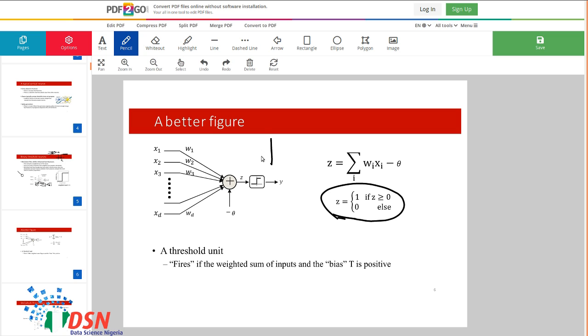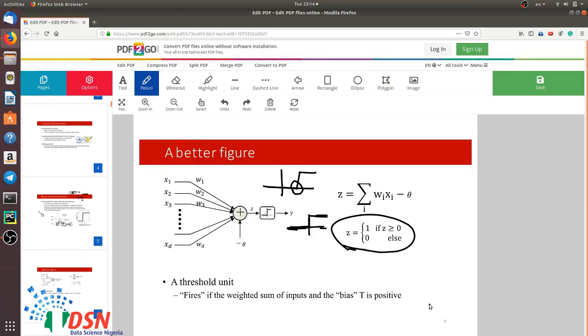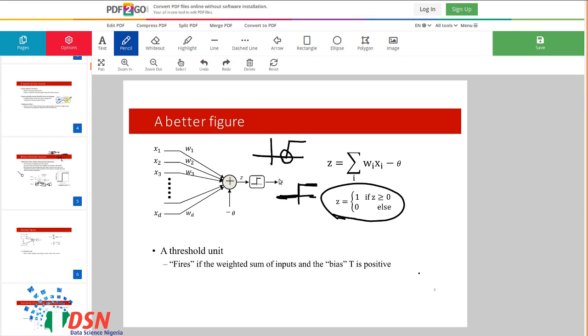Maybe you ask why it is not another value, why is it a 0 threshold. The reason is that this bias could change the way this works.